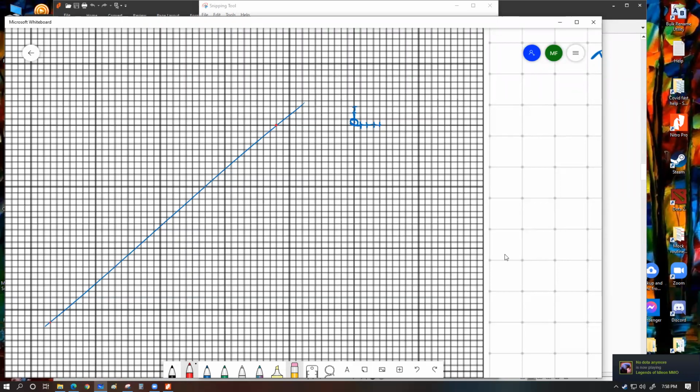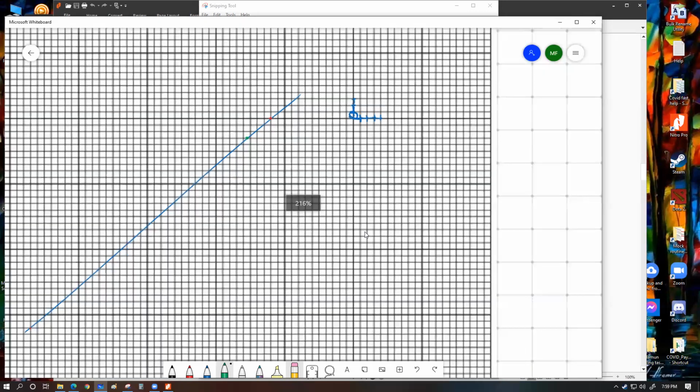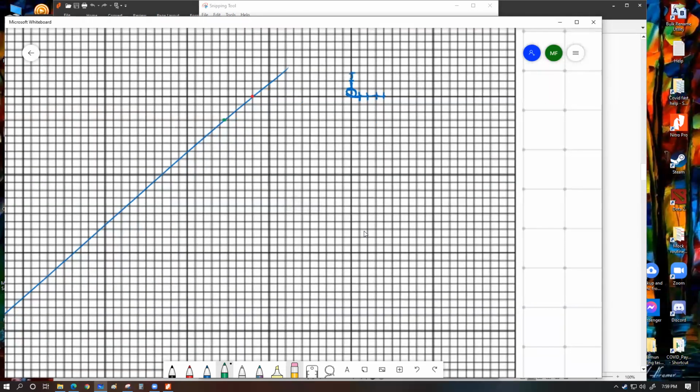However, if you, for whatever reason, choose one of these points, let's say this green point right over here, now you have difficulty actually measuring how much you should read off for this part.